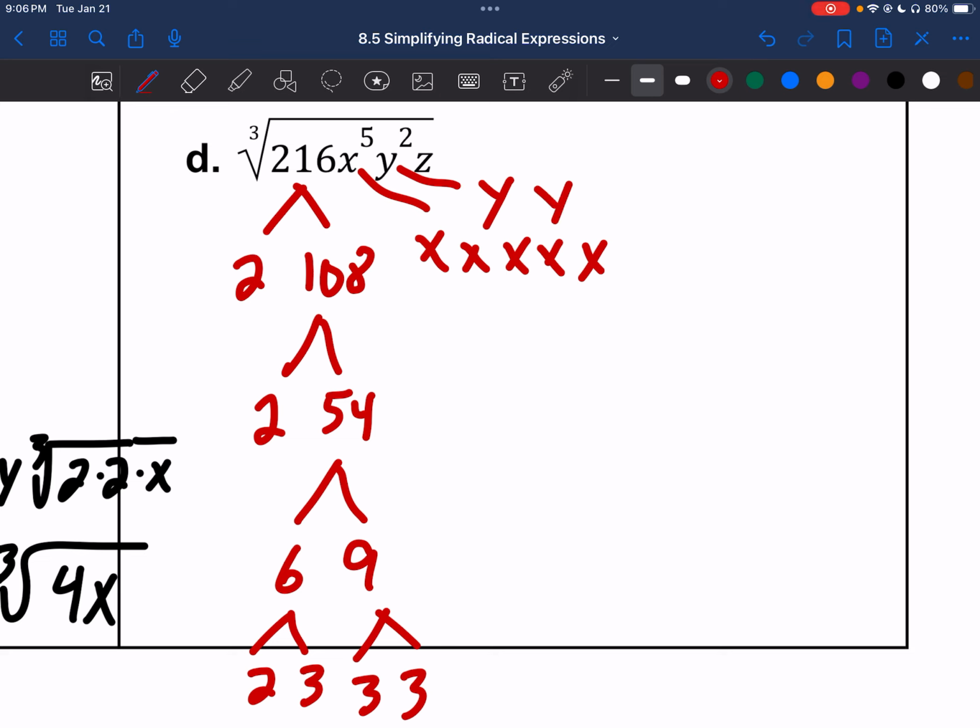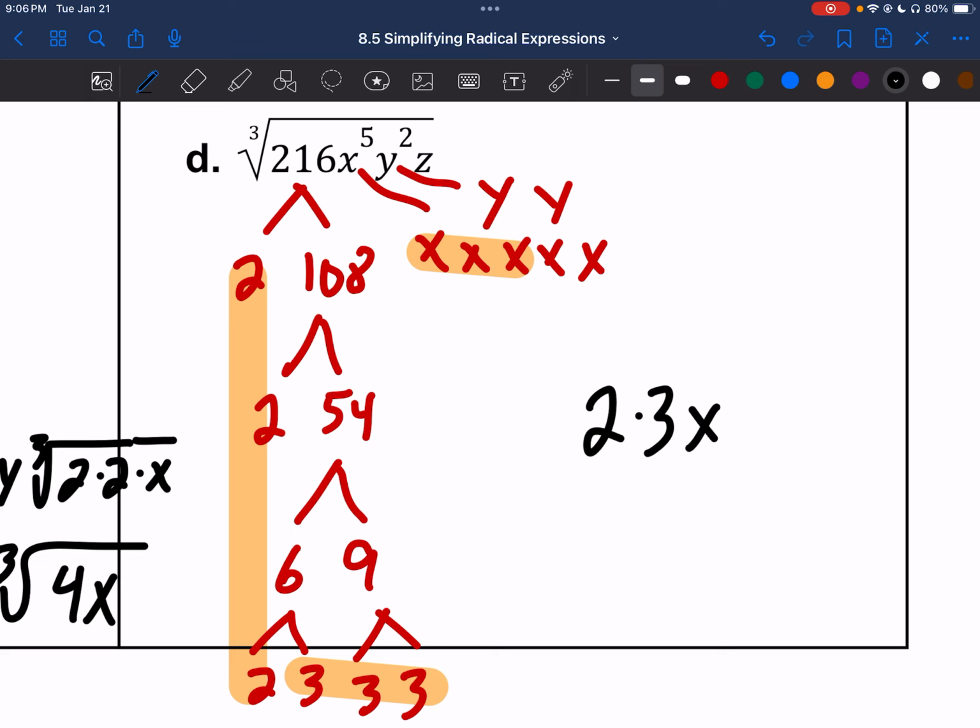So if I look for my groups, we're looking for groups of 3 of something. So I have 3 2s. I have 3 3s. I have 3 x's. That's all that I have grouped. So I bring out a 2. I bring out a 3. There's no coefficients left. I bring out an x. What do I have left on the inside?